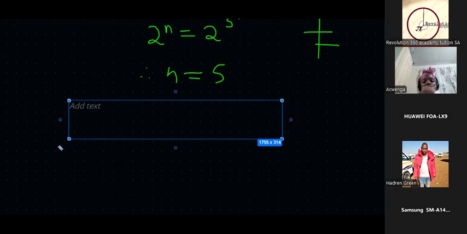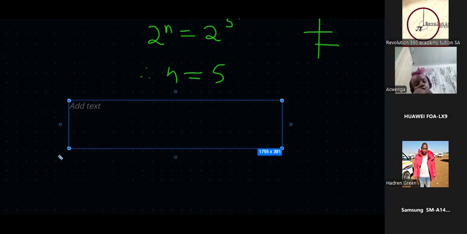This one is interesting. If you can understand this one, I know that you're good to go. Determine the values of x and y.